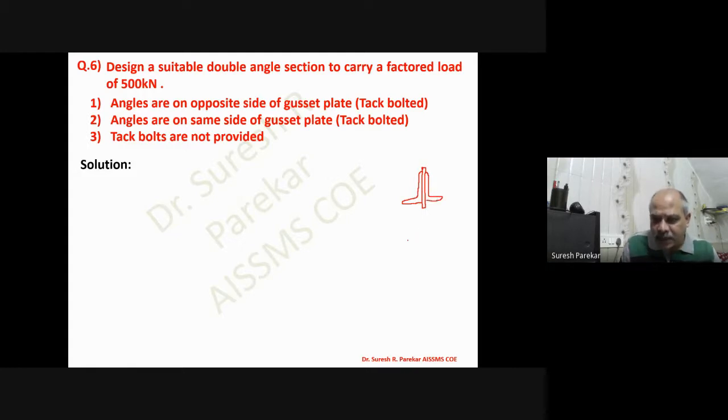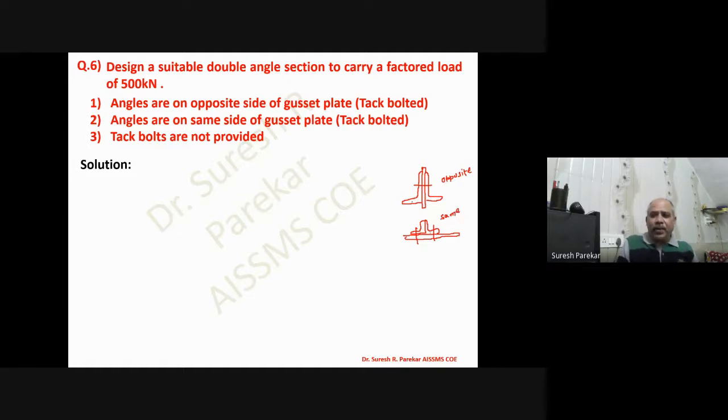If you have them on the same side of the gusset plate, then you have the gusset plate in this fashion, and we have angles in this fashion. Here you can see we require separate bolts for both. Here we require one bolt which will be connecting these two members. So these are on opposite sides of the gusset plate, and this we are going to say is on the same side of the gusset plate.